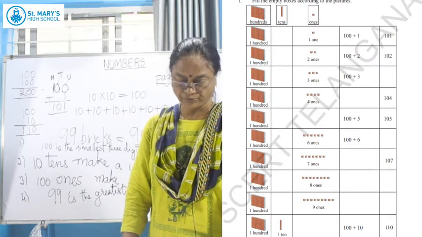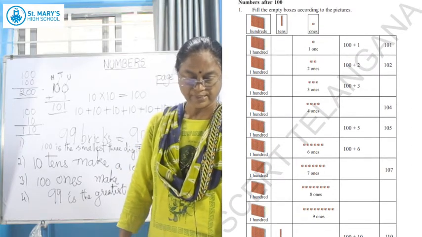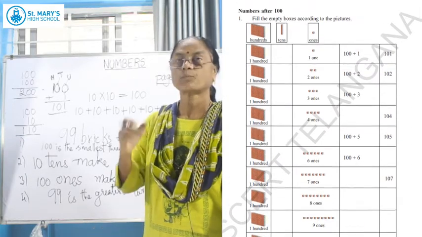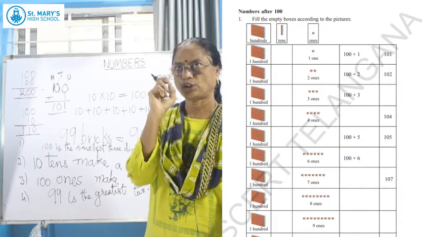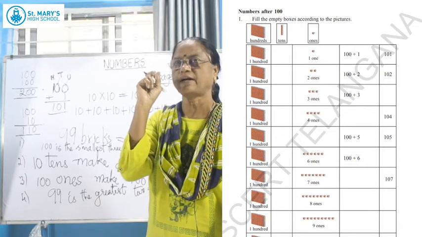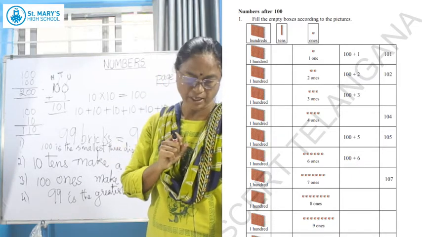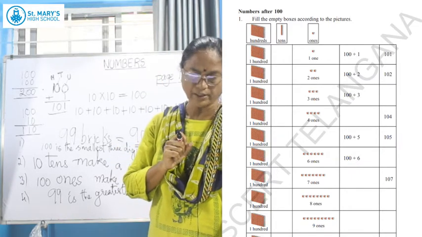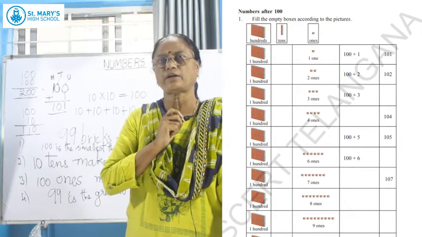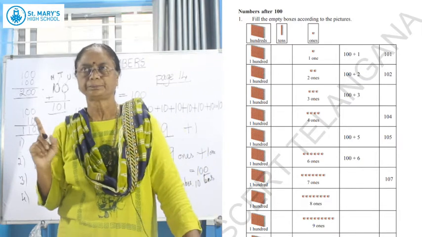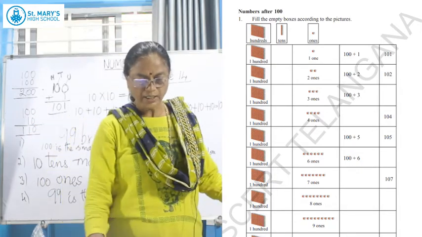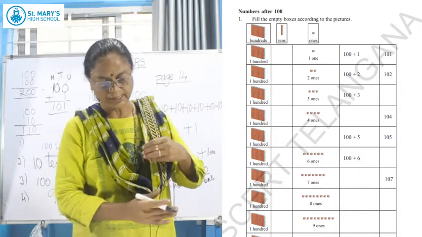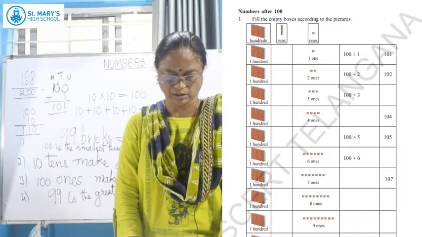We are going to fill in the blanks now. See there. Look at the blanks there. See slowly. Numbers after 100. What do you have for numbers after 100? In the first, fill the empty boxes according to the pictures.